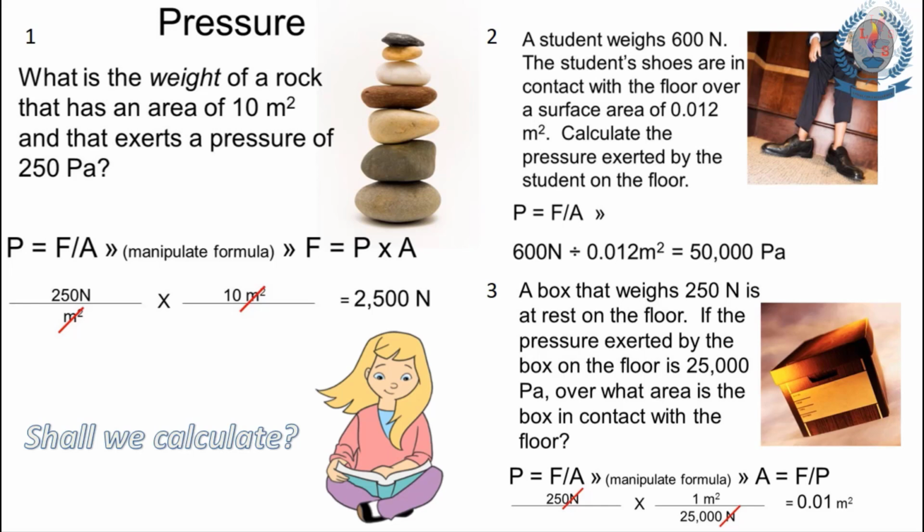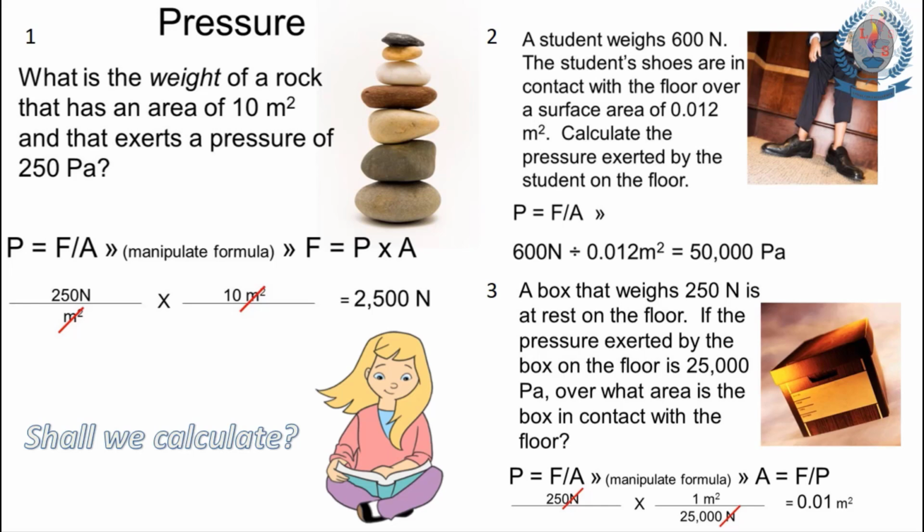Okay. In the second one, you can see a student who wears 2 shoes. The student weighs 600 Newton. The student's shoes are in contact with the floor over a surface area of 0.012 square meter. Calculate the pressure exerted by the student on the floor.